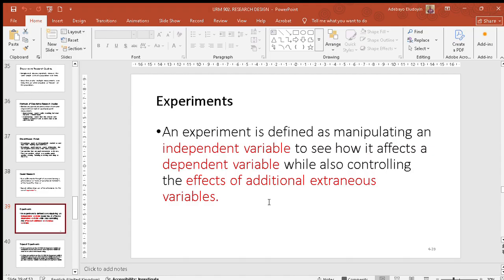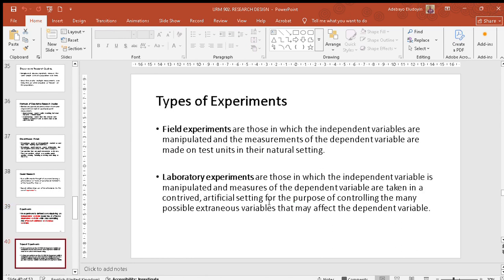So three variables now. We have the origin, we have the expected end, and then we have the factor that affects them. Anytime you're going to have experiments, you might be thinking more about causal research design.